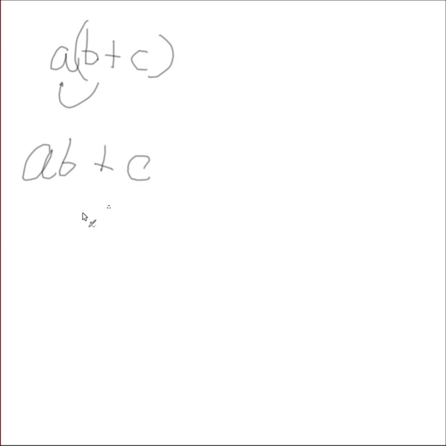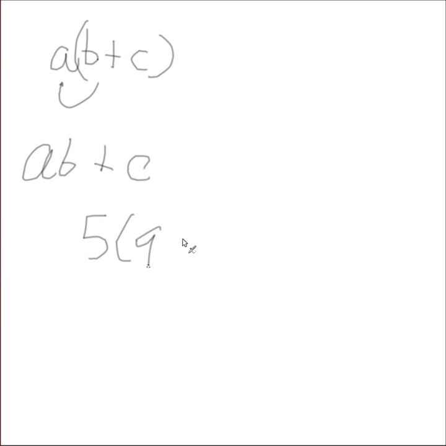But a common mistake to avoid is if you have a times b plus c, and you want to get rid of the parentheses, which is essentially the purpose of the distributive property, to get rid of these parentheses, or to make these parentheses. A lot of the time, elementary mistakes, people just multiply a and b and forget to multiply a with c. So let's go back to our first example.